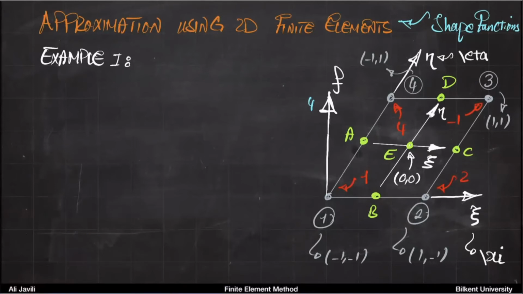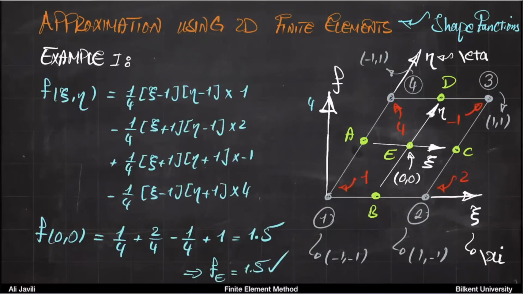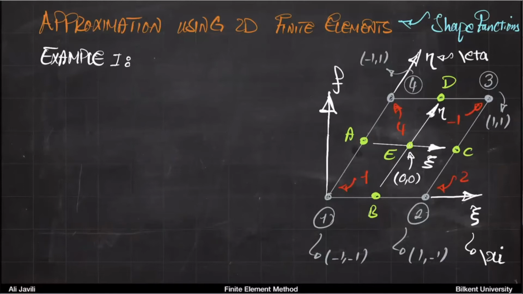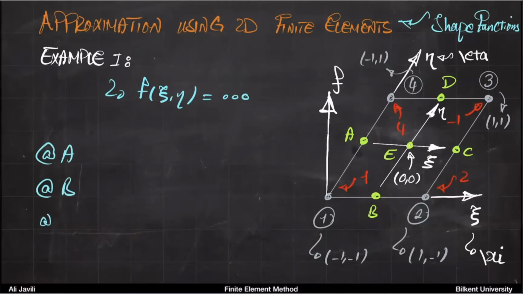They are just two different examples. So in this example also, you just use this f of ξ and η that we have from the previous one, and then you calculate that at A, at B, at C, and at D.